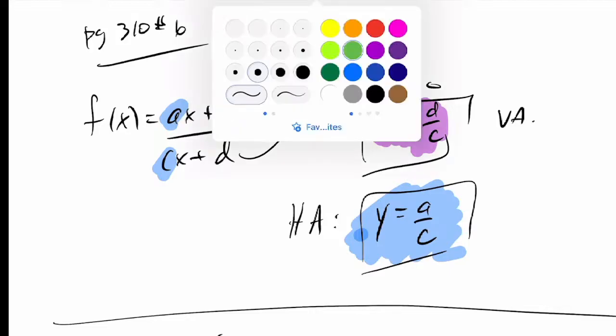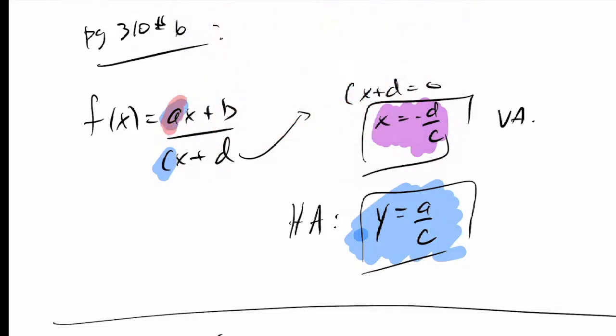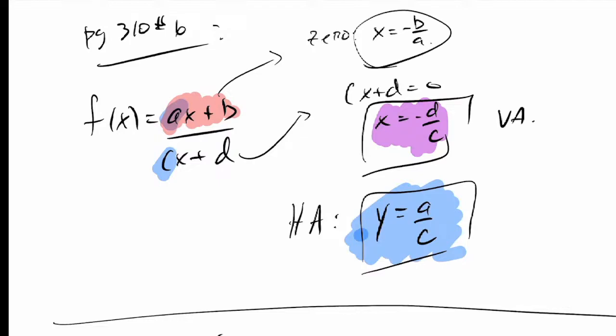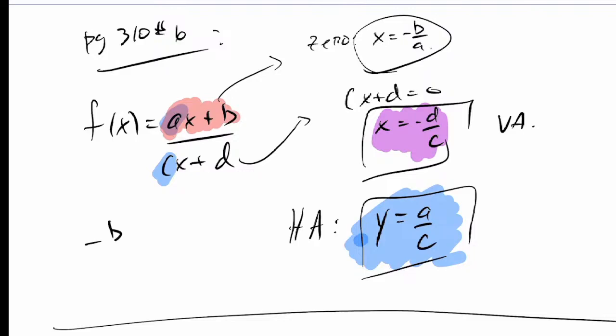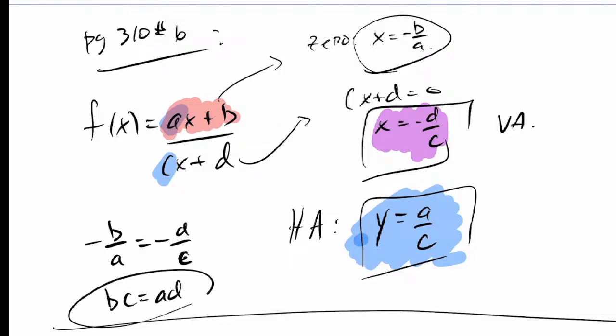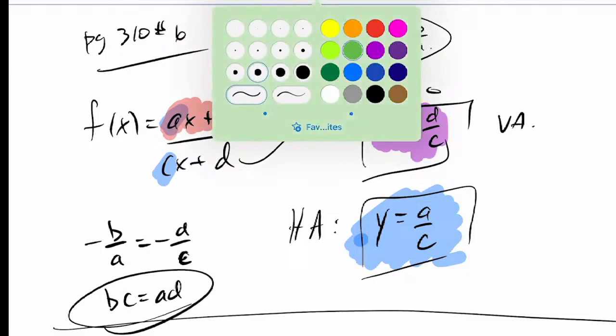The 0 of the numerator is negative b over a, and that would have to equal the 0 of the denominator. So negative b over a would have to equal negative d over c. Or in other words, BC has to equal AD. That's the relationship that you need.